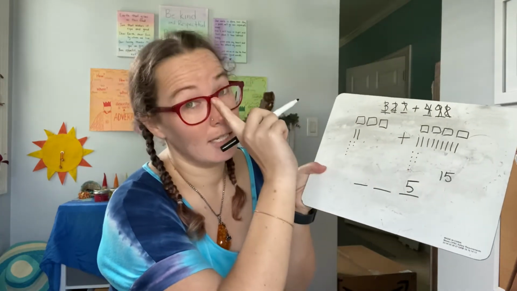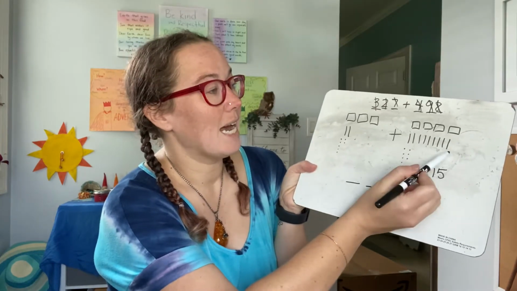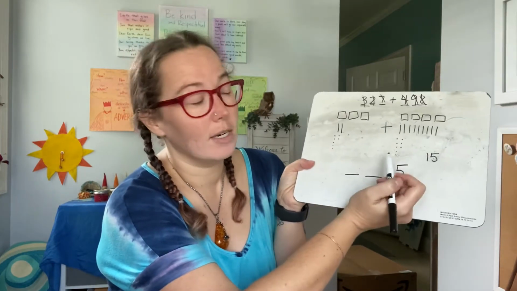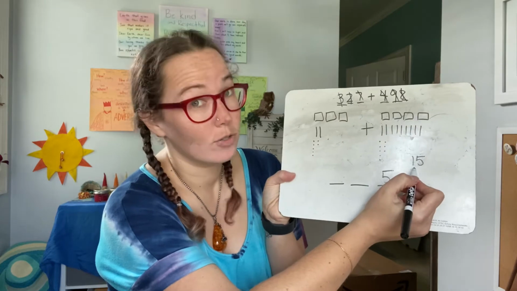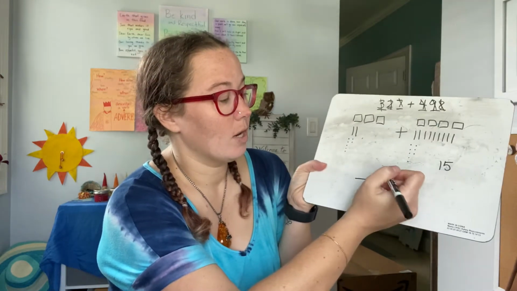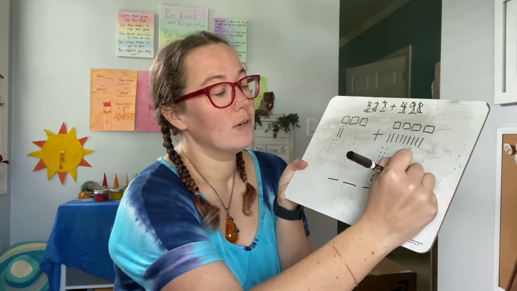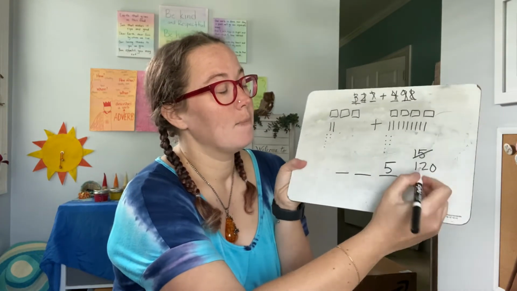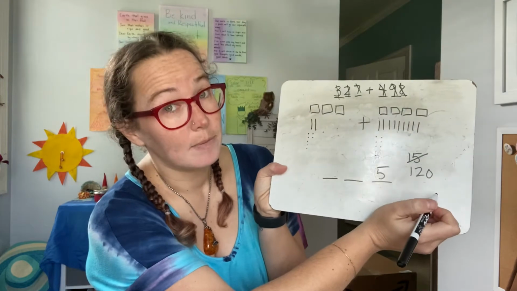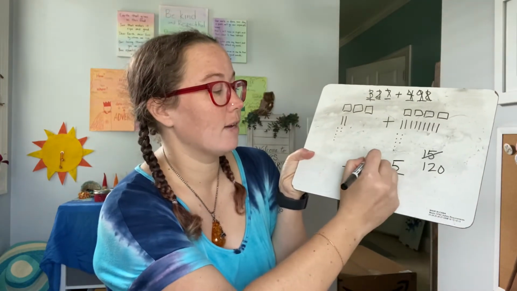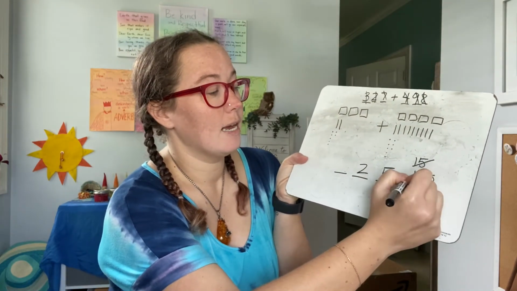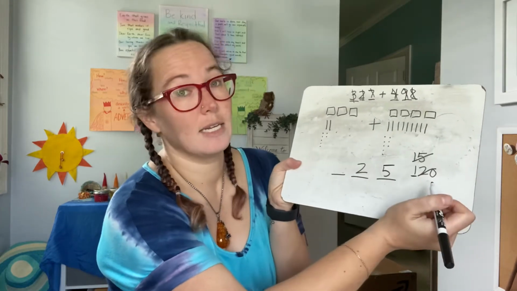So let's count our tens up next. I have 9 over here, 10, 11, and then I have this 10 here, so 12. All right, so if I've got 12 tens, it means I've got 120. So that means that I've got 2 tens, and I have 100 here that I'm going to add in when I get to my hundreds.